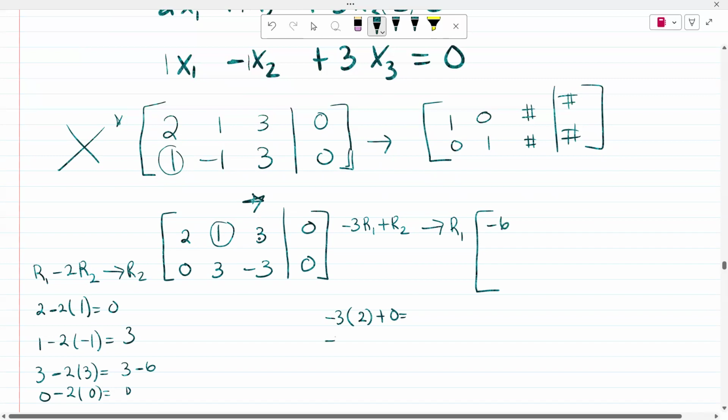And then second number in row 1 is 1, plus second number in row 2 is 3. Negative 3 plus 3 is 0. And then third number in row 1 is 3, plus third number in row 2 is negative 3.